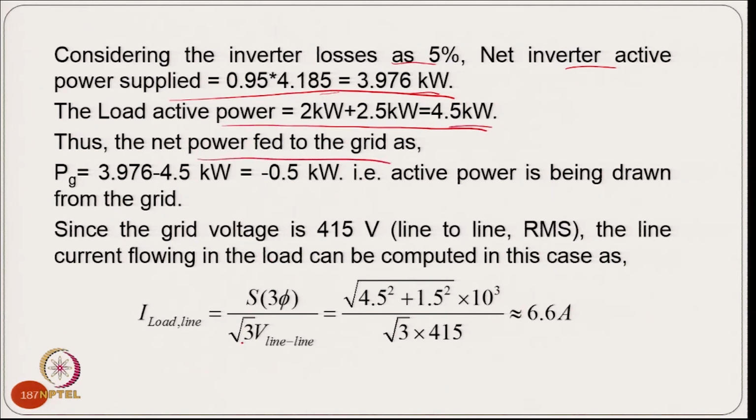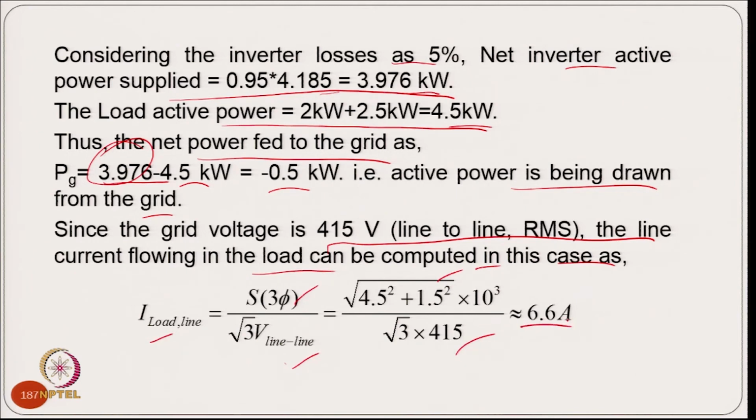So, the net power fed to the grid is typically the solar power minus the load power. So, it is minus 0.5, the active power is being drawn from the grid. Since the grid voltage is 415 line to line average, the line current of the load can be computed from the kVA divided by √3 times the line voltage.